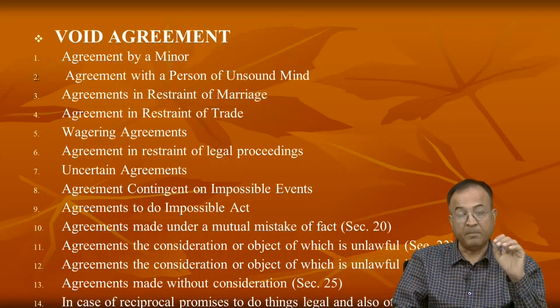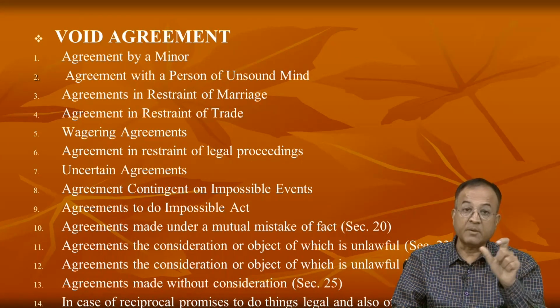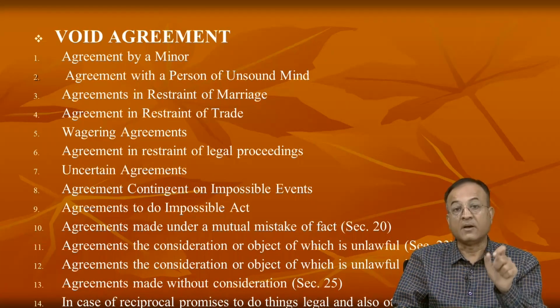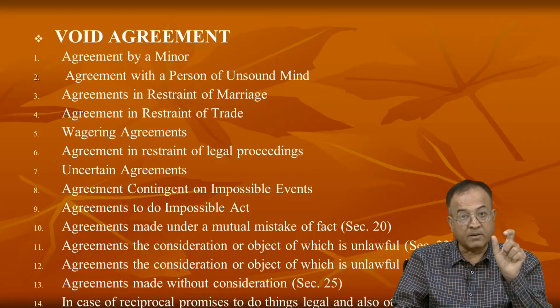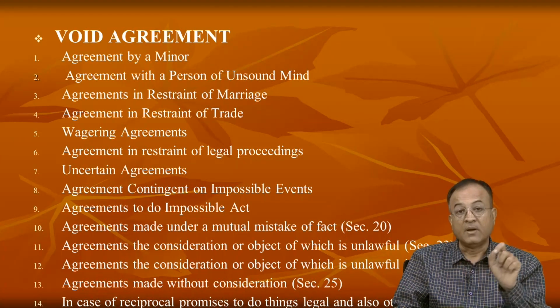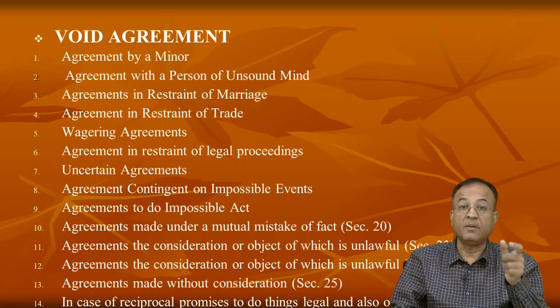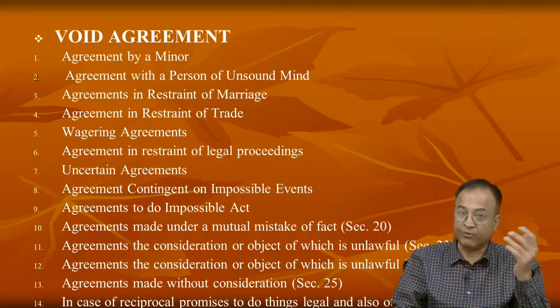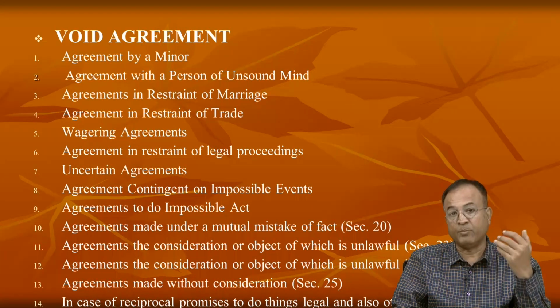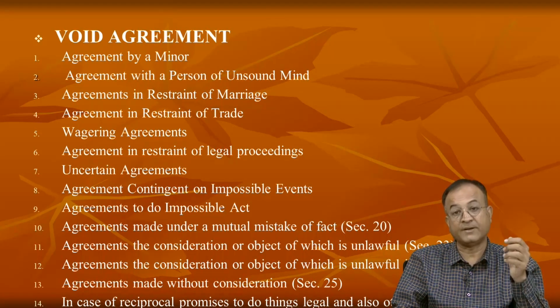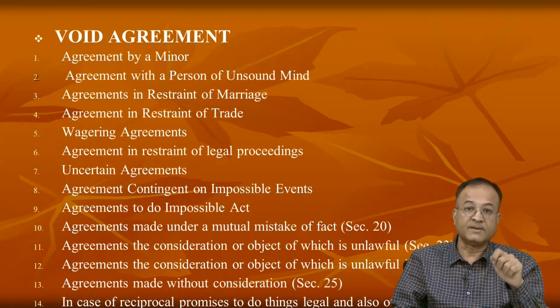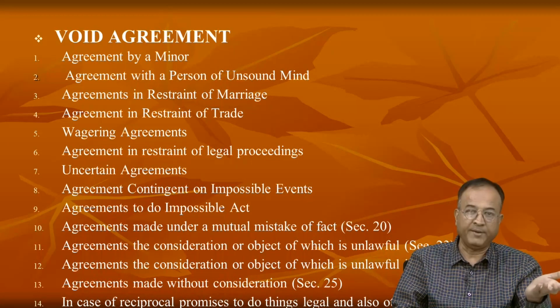They have different meanings. The word object means purpose or design. In some cases, the consideration of an agreement may be legal, but the purpose for which the agreement is made may be illegal. In such cases, the agreement is void. As such, both the object and the consideration of an agreement must be legal, otherwise the agreement will be void.